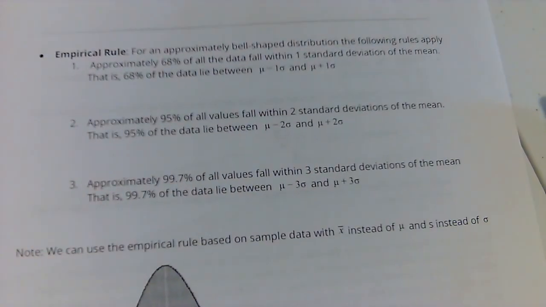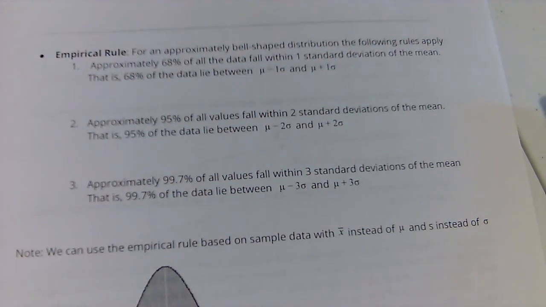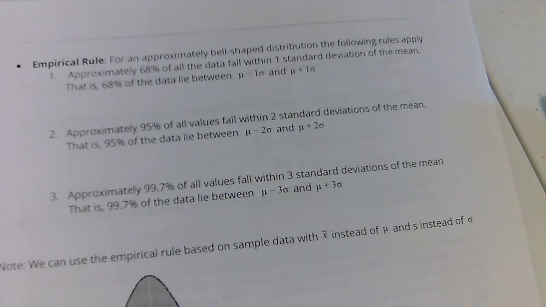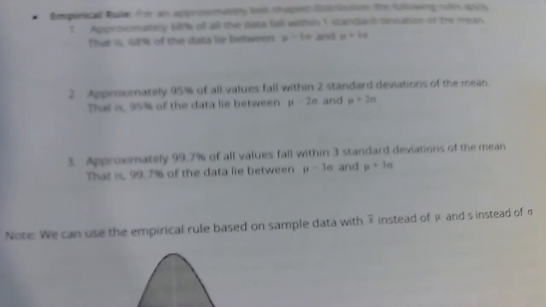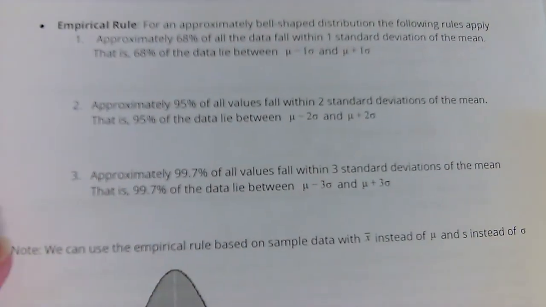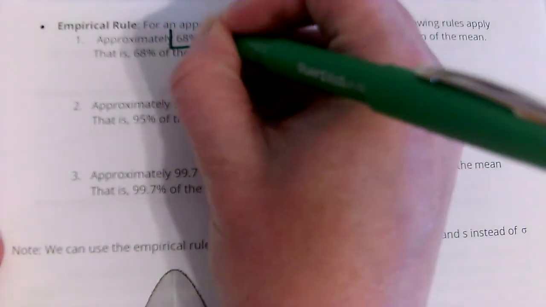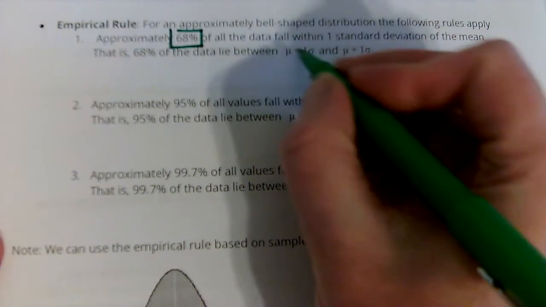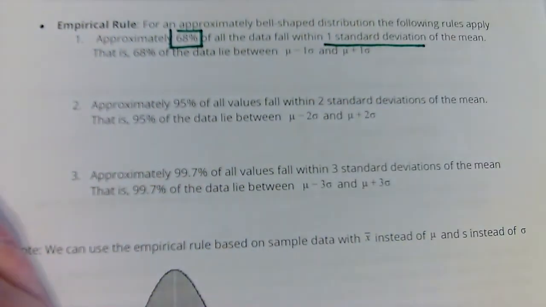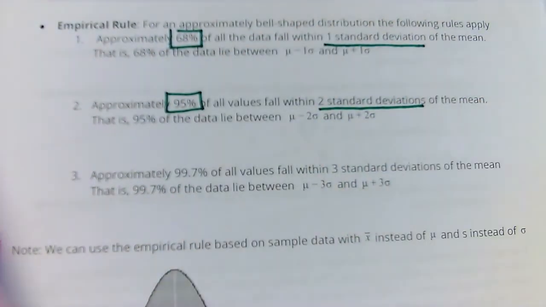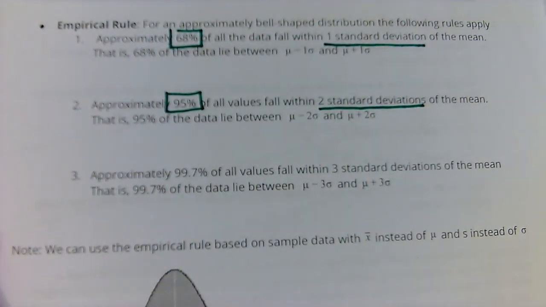The empirical rule says that if we have a normal distribution, that means if I look at the picture and it's a nice, pretty, bell-shaped, normal distribution, it's not skewed one way or another, 68% of my data will fall within one standard deviation of the mean. 95% will fall within 2 standard deviations.